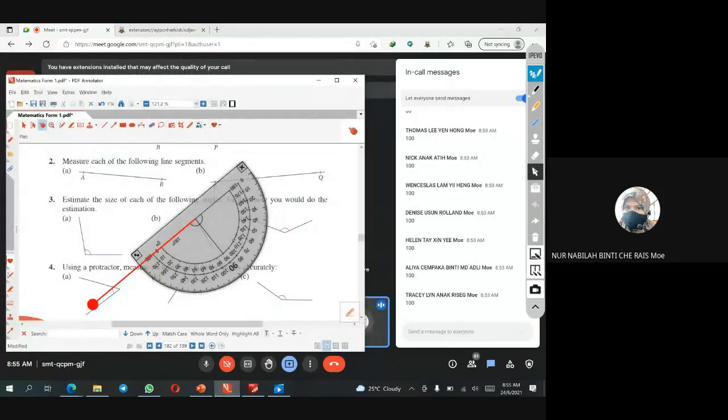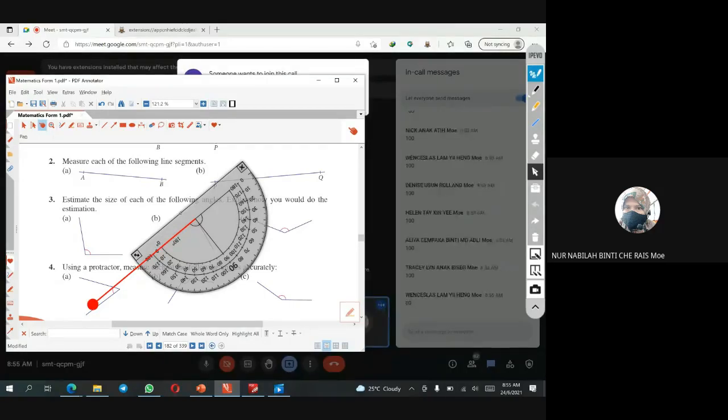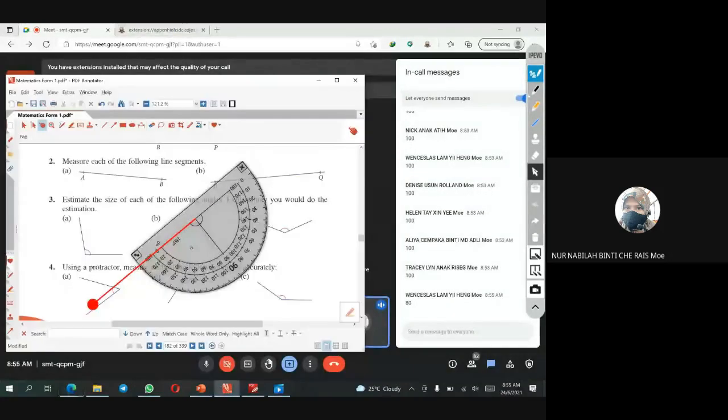Okay, so this is your line. The first line is here. Then make sure the middle of the protractor is at your vertex. So we start from 0, still on the inside scale. So what is the next line?